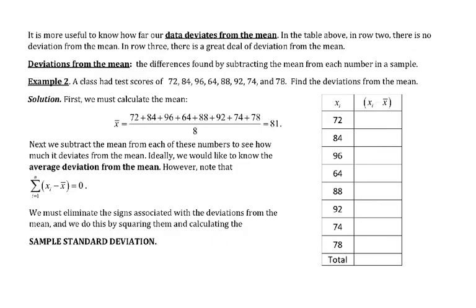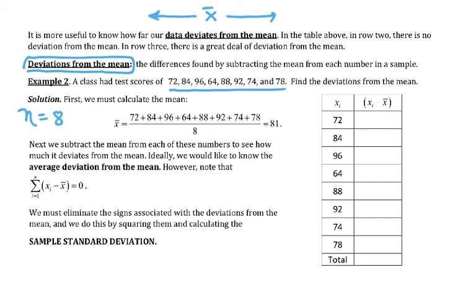So this is what we want to tackle next, deviations from the mean. We want to know, here's my mean, how far does the data go in either direction from the mean? So what we do is first we have to calculate the mean. So here are some test scores. There are 8 of them. So n equals 8.